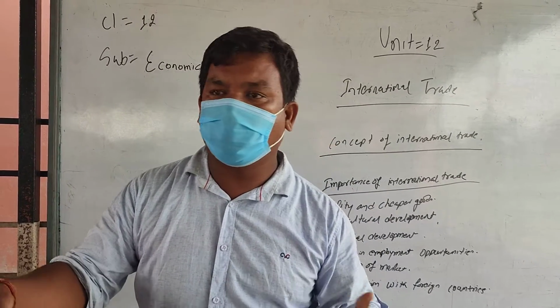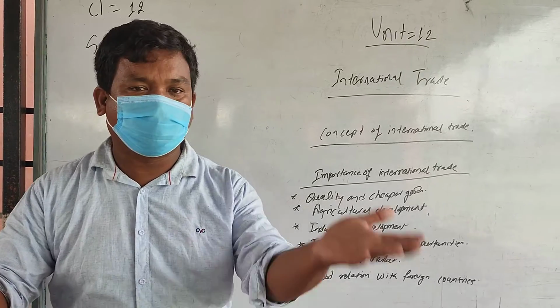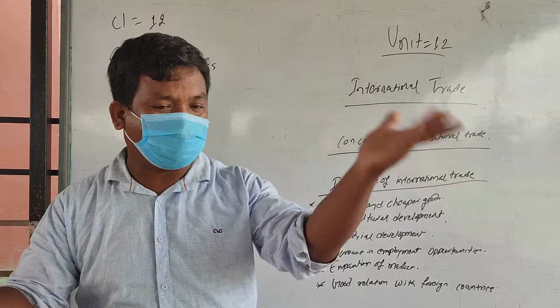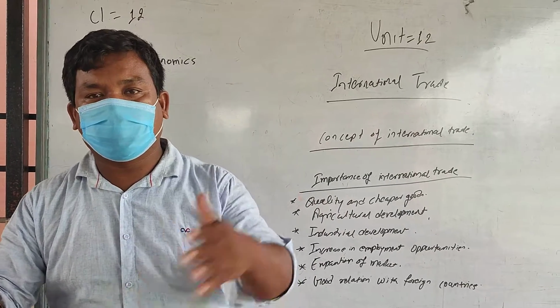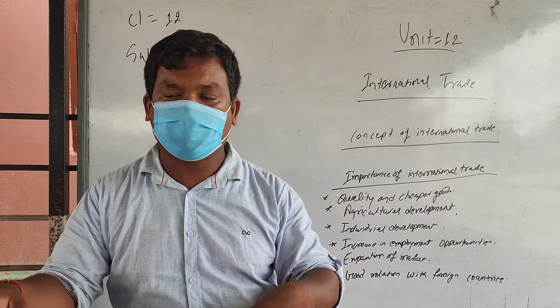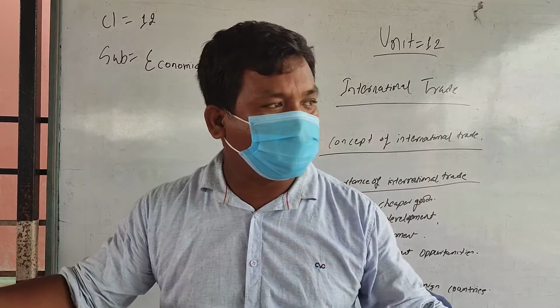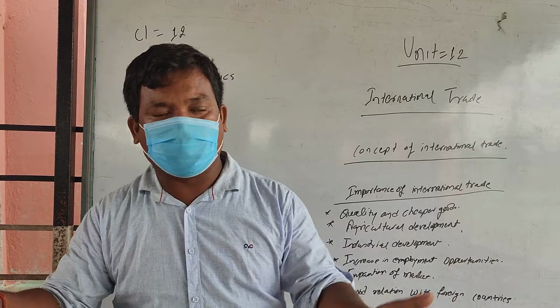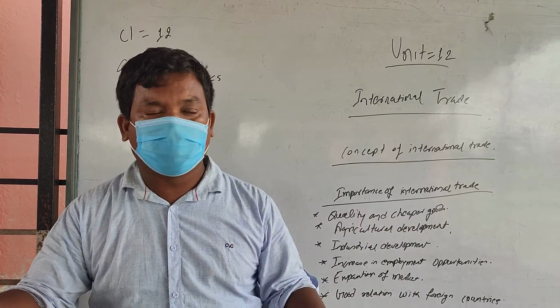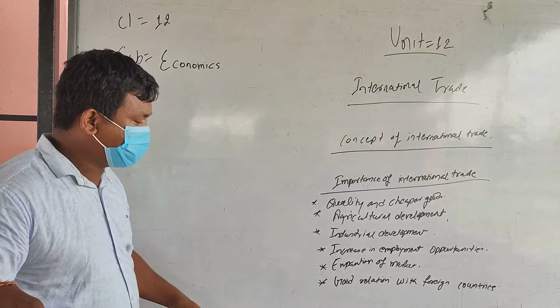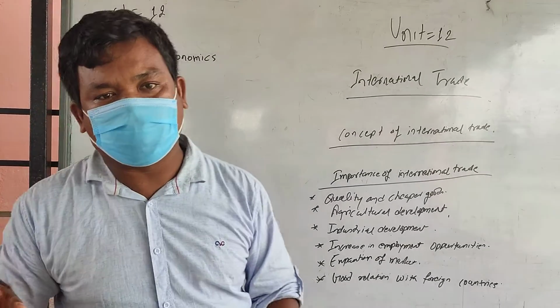So if the people of Nepal import goods from Indian traders, they will have a relation with Indian people. If they import from Japan, they will have a relation with Japanese people. If they import from Dubai, they will have a relation with Dubai people. So international trade also makes good relations with foreign countries.